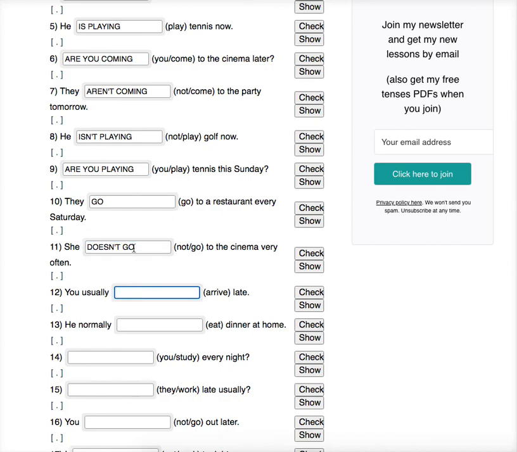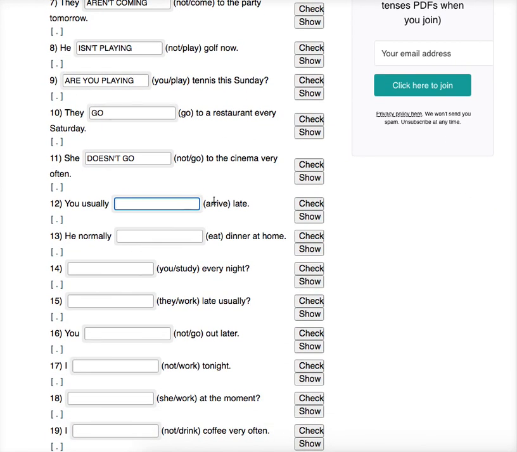Anna, the next one. You, have a space, arrive late. Look at this. You have usually. Anna, is this in simple or continuous? In simple. Very good. How can you do it? You usually arrives.